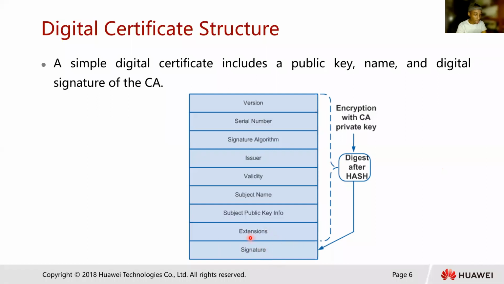You already know that a digital signature is generated after you hash and then encrypt all this metadata from a digital certificate. So it usually includes a public key, name, and digital signature of the CA.